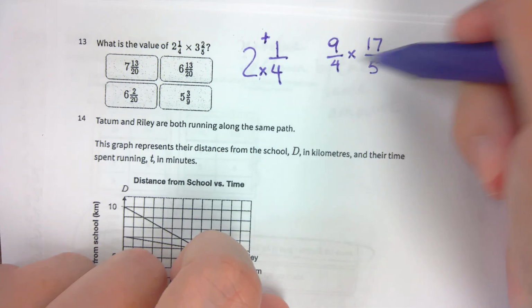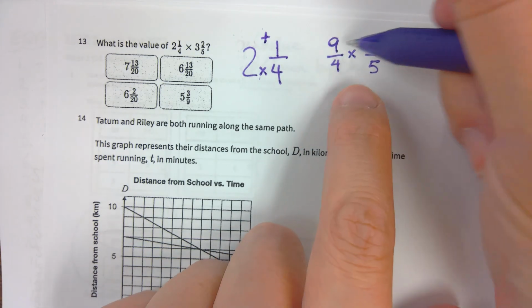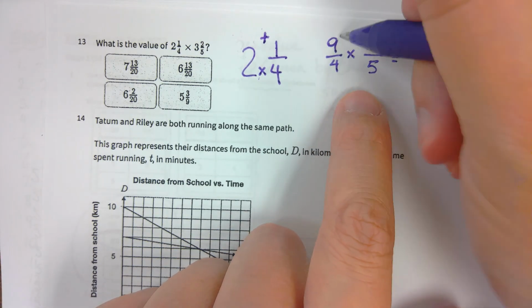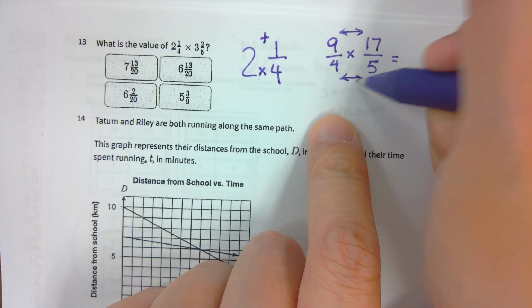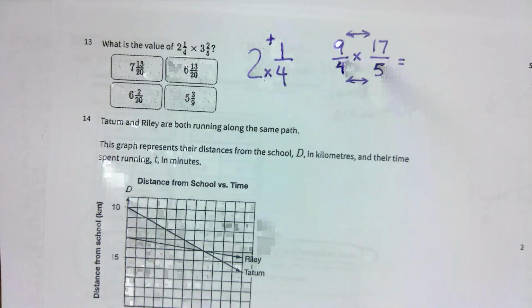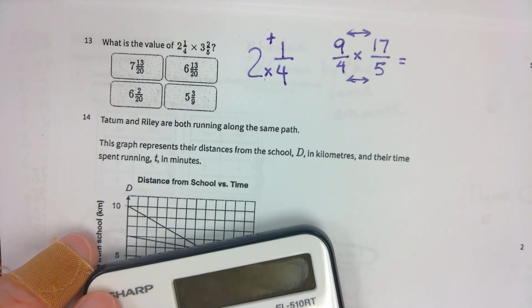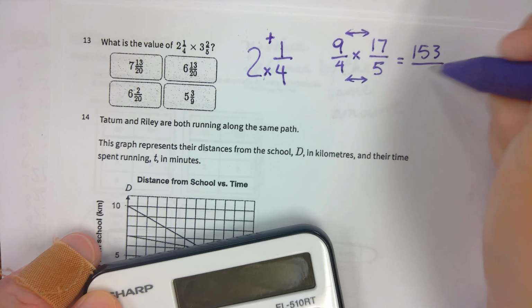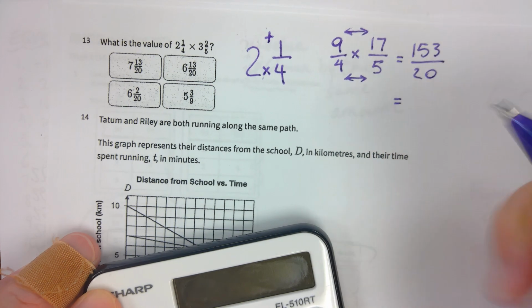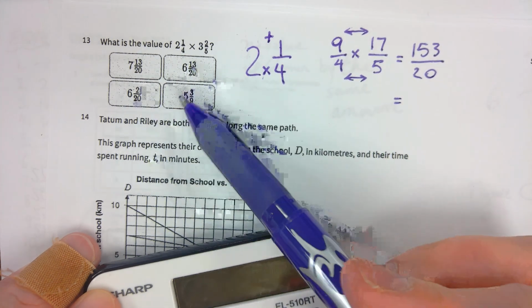After you change it to an improper fraction, now you can multiply across. So 9 times 17, 153/20. Notice it's back into improper fraction form.